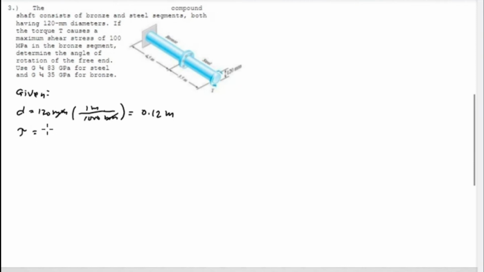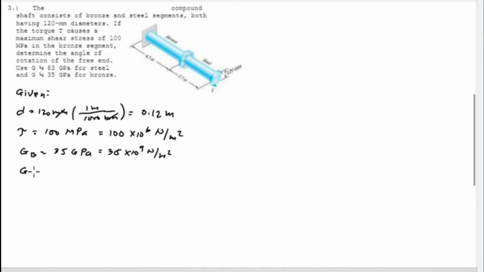Shearing stress, which is 100 megapascal, or in terms of Newton per meter squared, it is 100 times 10 to the power 6 Newton per meter squared. G for bronze is equal to 35 gigapascal, or it is 35 times 10 to the power 9 Pascal, or Newton per meter squared.